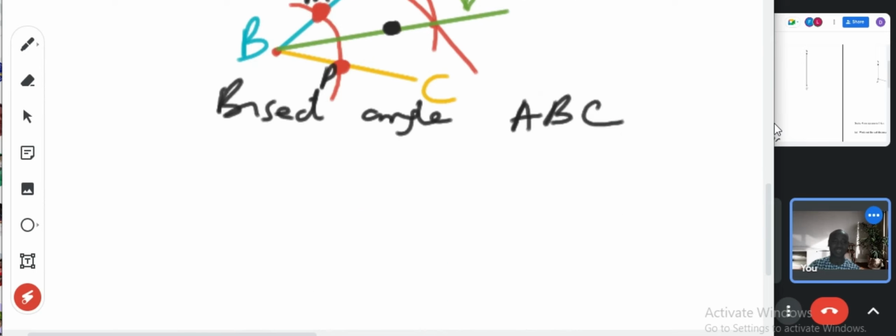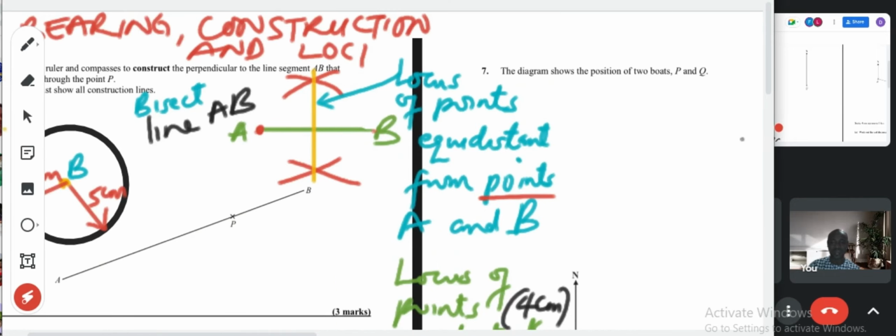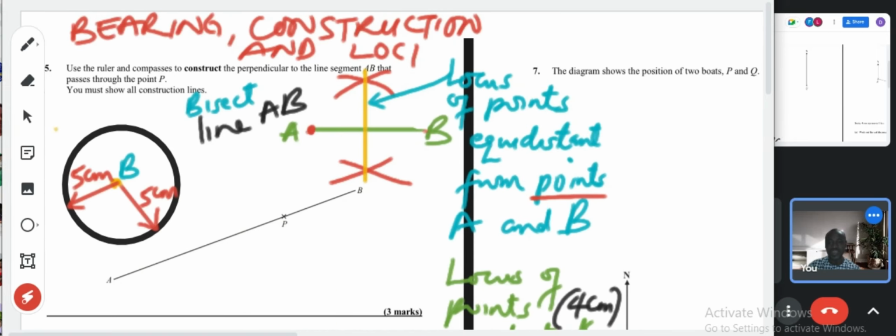Does it make sense? Now, if it is about the locus of points equidistant from a given point, use the distance given and draw a circle around that point. So this will be a circle of that radius around this point.